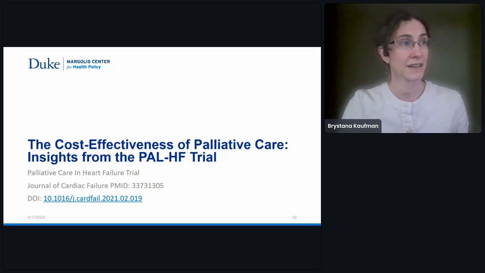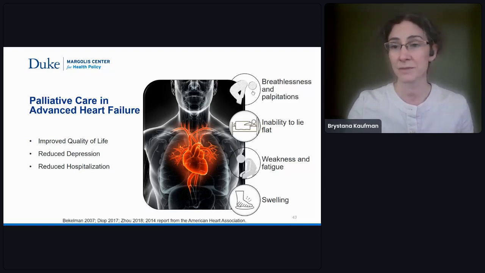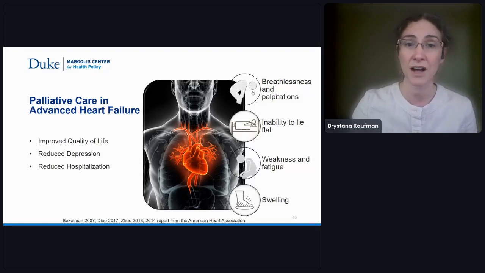And it was palliative care provided in the community, so people who were discharged home from that hospitalization. And if you're not familiar with heart failure, it's highly symptomatic, and often people experience challenges with mental health as a result of their declining health and other factors.